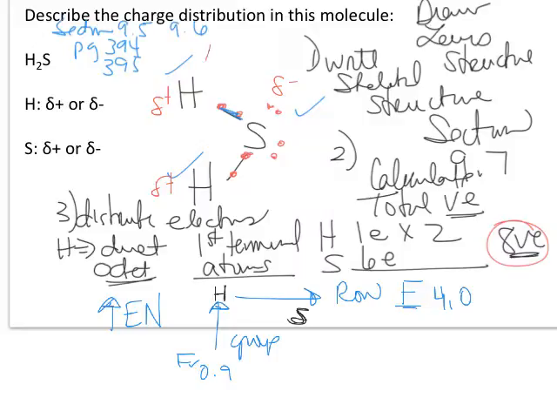Another way to show this is to do like a plus, and you can do this for each bond. And then you have the overall polarity for the molecule, which would be written such as the lone pairs are definitely going to be negative, and your overall molecule goes like this, where the electron density is around the sulfur.